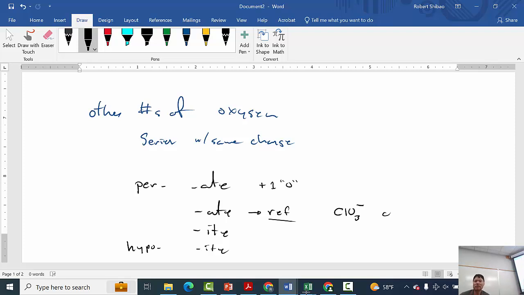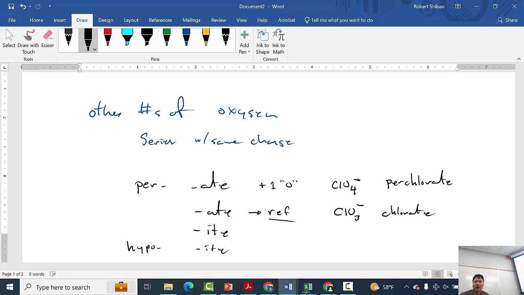Okay, so our reference is chlorate. So this is chlorate. And now we want to figure out what is perchlorate. Perchlorate is plus 1 oxygen. So if we start off with 3 and add 1, we're going to be at 4. And the charge doesn't change, so it's going to be the same negative charge here. And so this would be perchlorate, 1 more oxygen than chlorate.